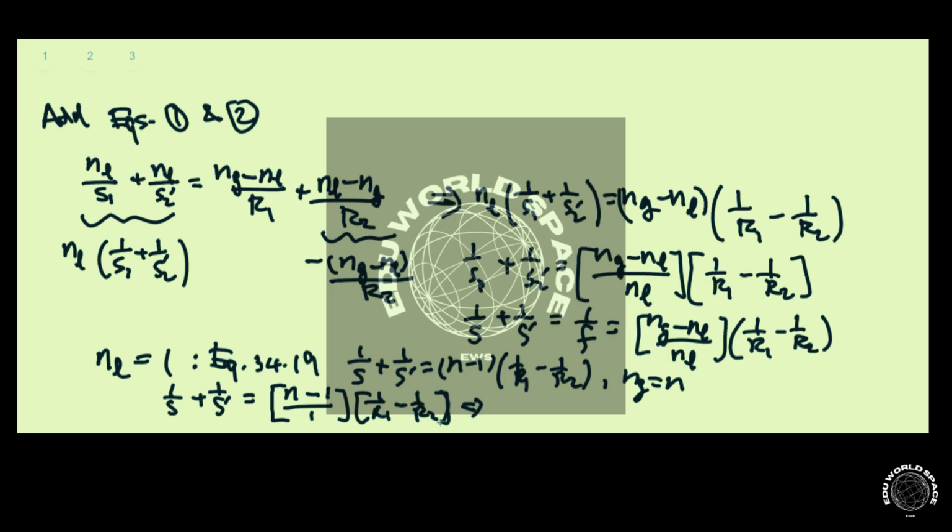And that's for sure the Lensmaker equation, with the focal length 1 over F given by N minus 1 times 1 over R1 minus 1 over R2.